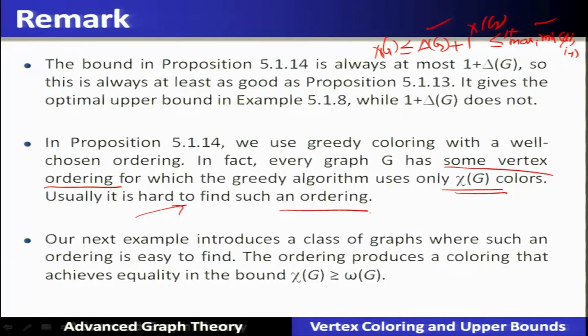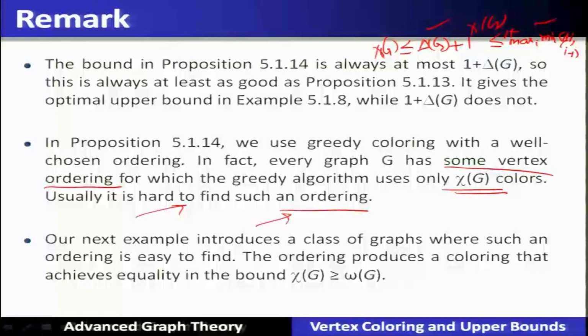So, our next example introduces a class of graphs where such an ordering is easy to find. Which ordering means that ordering which gives an optimal coloring through the greedy coloring. So, the ordering produces a coloring that achieves equality in the bound, that is chi of G is equal to little omega of G. So, that we will see.